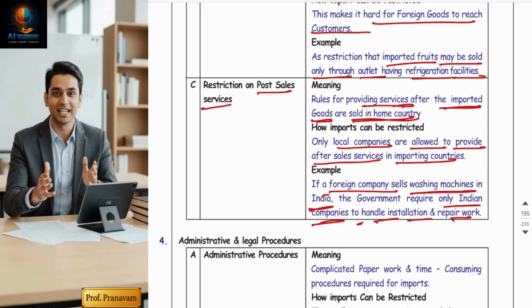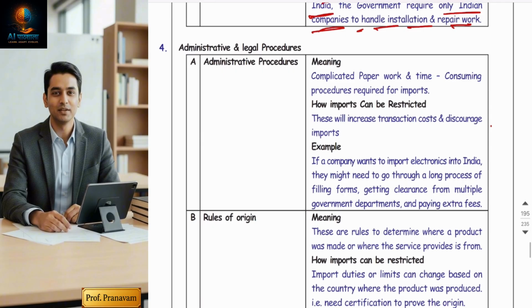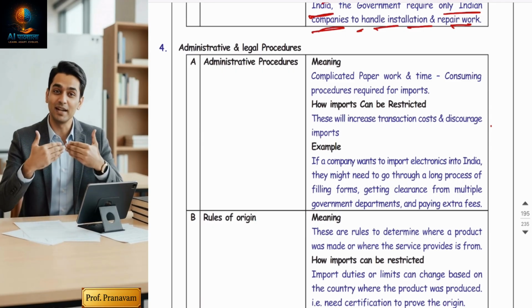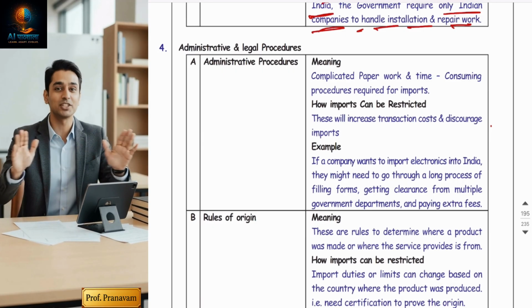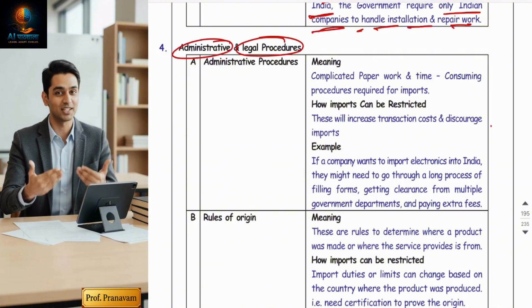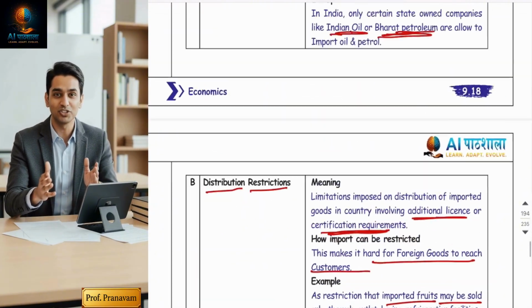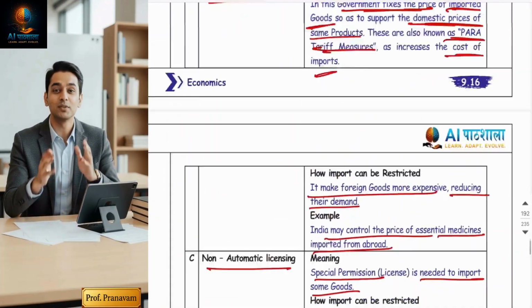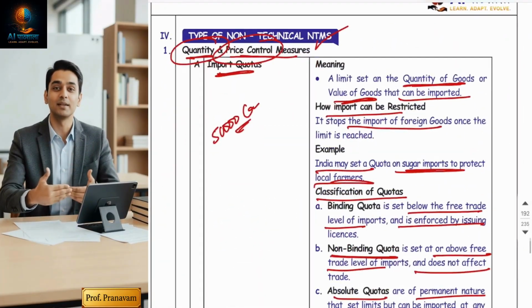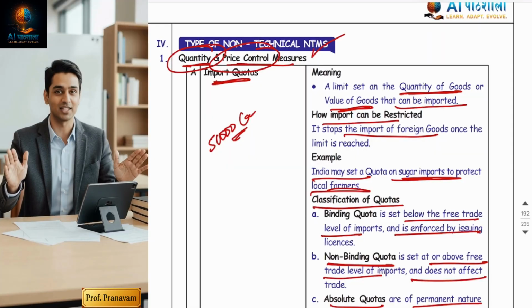Am I correct? Now the next, the fourth broad category: how imports can be restricted by applying administrative and legal procedures. Now listen. If you can see the flow, the first method was technical barriers, understand the link up.